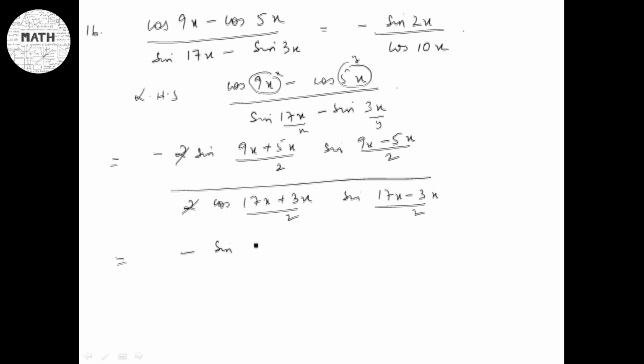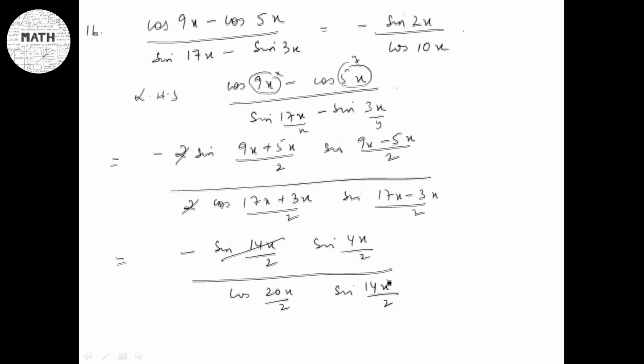Minus sin 14x/2 sin 4x/2 divided by cos 20x/2 sin 14x/2. So I can cancel these 2; 2 fours are 4, 2 tens are 10, so I got it to be minus sin 2x divided by cos 10x, which happens to be your right hand side.